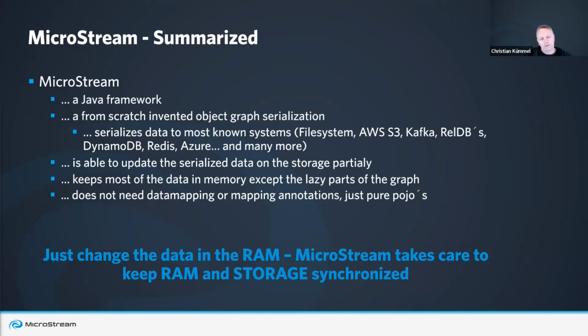We don't have to map data to any other format, and that's why there is no data mapping, no mapping annotation, just the pure POJOs. That means the data structure within your project is the same structure on the storage side.